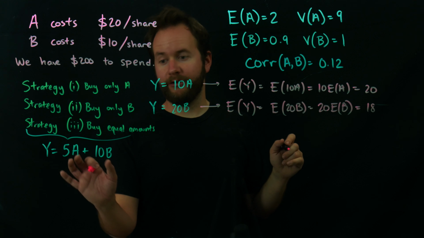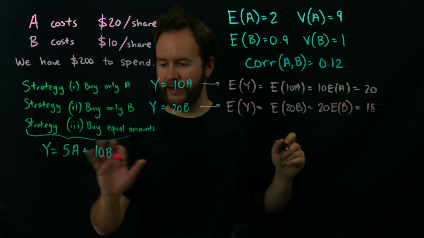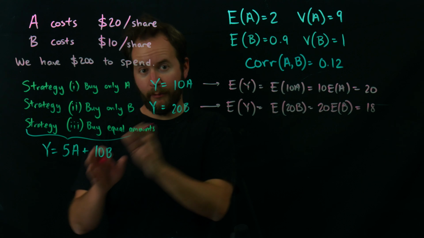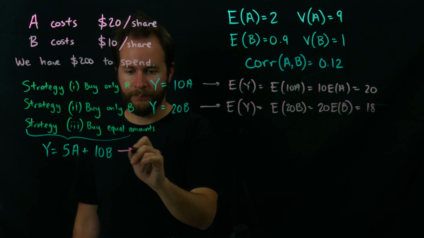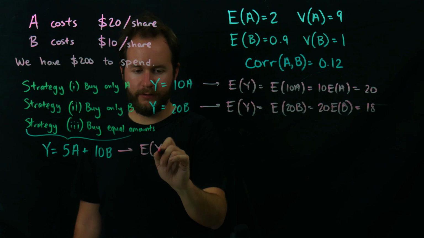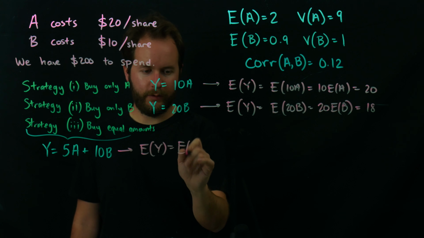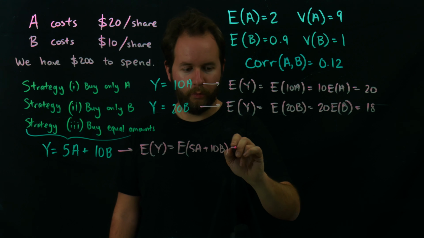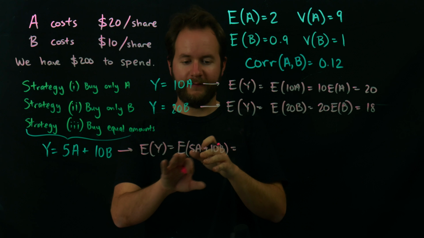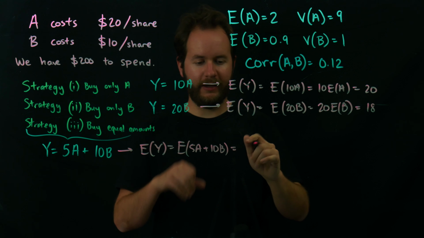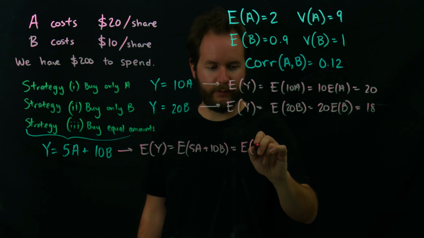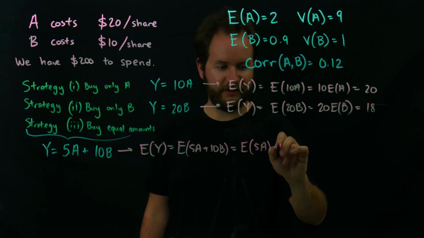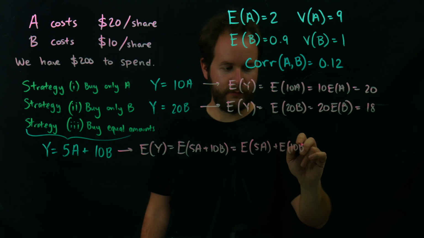And then let's go to the mixed strategy where we take 5 shares of A and 10 shares of B. We're going to need a little bit more room, so I'm going to actually start here. We're going to say the expected value of the yield will equal the expected value of 5A plus 10B. One of the rules of the expected value is that the expected value of the sum is the sum of the expected values. So I'm going to split this up into the expected value of 5A plus the expected value of 10B.